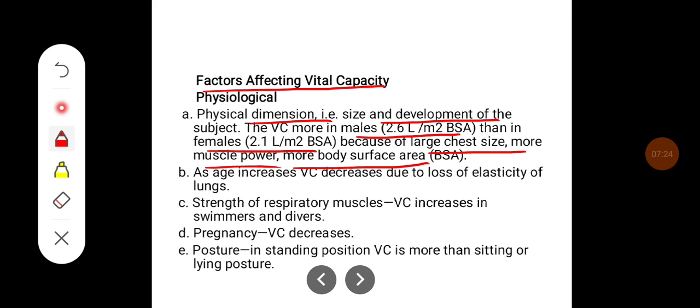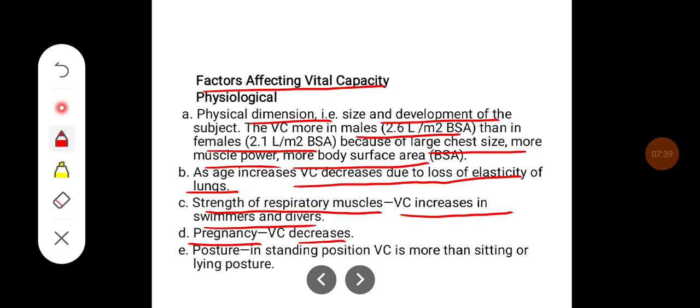As age increases, vital capacity decreases due to the loss of elasticity of the lung. It also depends on the strength of respiratory muscles. The vital capacity is high in swimmers and divers. Pregnancy decreases the vital capacity. As for posture, in standing position vital capacity is more than in the sitting or lying down position.